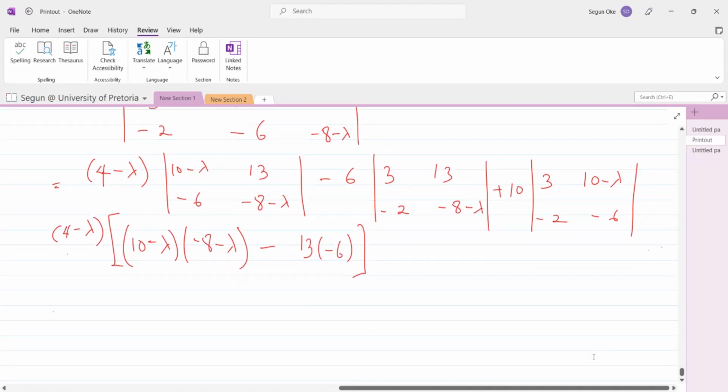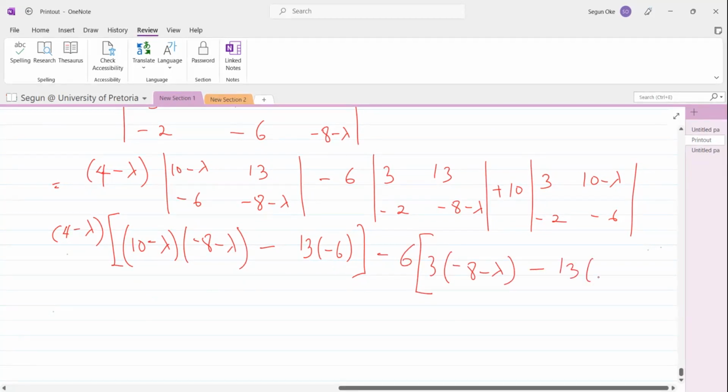For your own good. Or we can just say that because of the space, minus 6, open the big bracket again, 3 into minus 8 minus lambda, minus 13 into minus 2. The third one, plus 10.